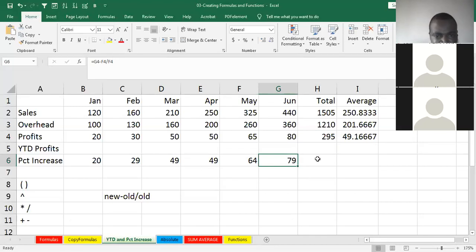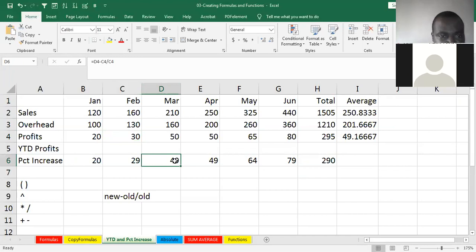Let me see. Okay, I think something is missing. Let me check it again. This is C4. Okay, it did not drag well. Let me just fix it up.